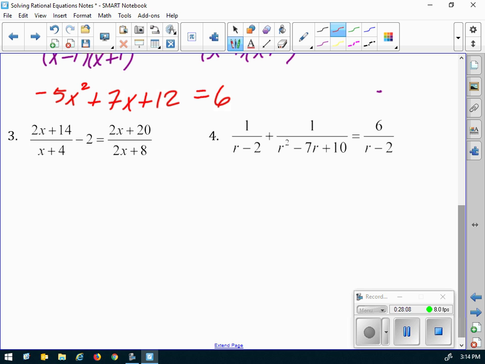Move it to the other side, to the right. What do I do? Add 5x squared to both sides. Minus 7x. And if I minus 12, what am I going to have?